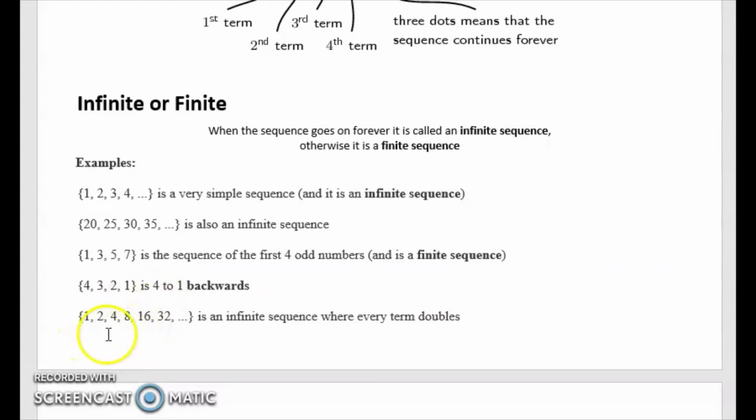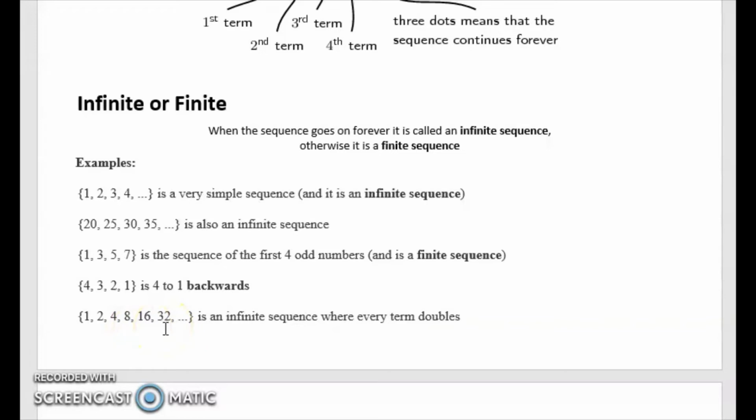Next is 1, 2, 4, 8, 16, 32. It is a sequence where every term doubles. Nadodouble yung sequence. So 1, 2; 2 plus 2, 4; 4 plus 4, 8; 8 plus 8, 16; 16 plus 16, 32.